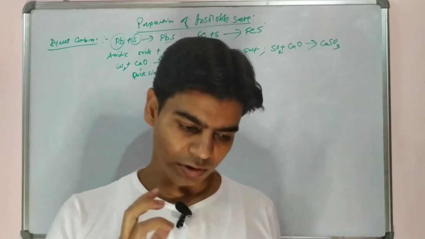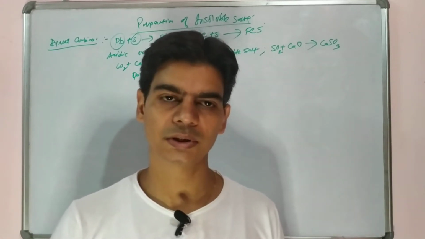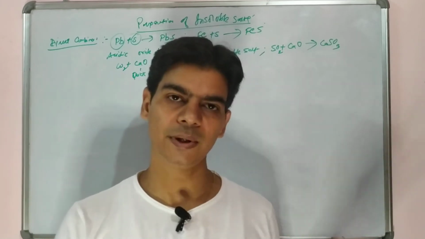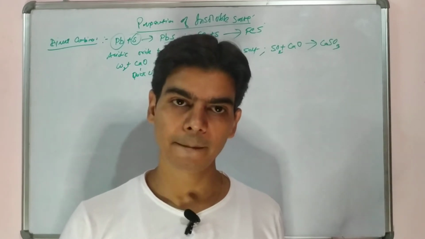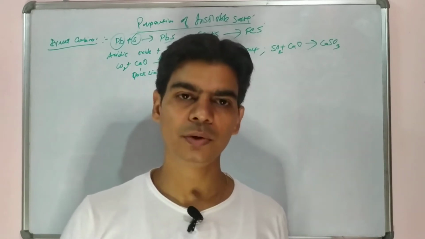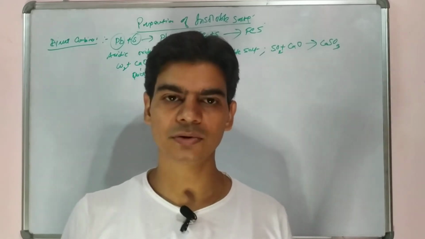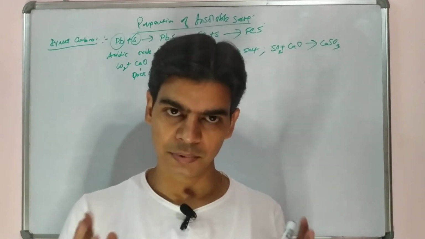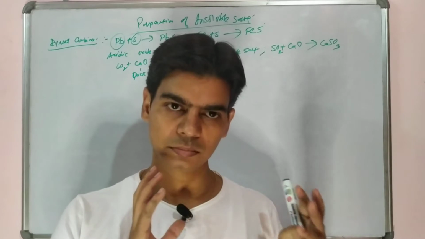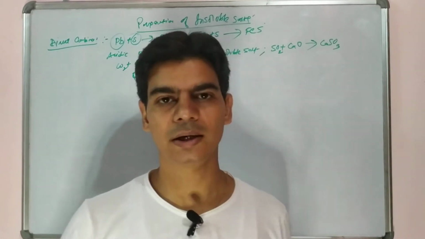Double decomposition we have also studied in previous classes. Double decomposition is a chemical reaction wherein two solutions mix together to give two different compounds by exchange of radicals. The thing we need to remember is that in a double decomposition reaction, exchange of radicals takes place.